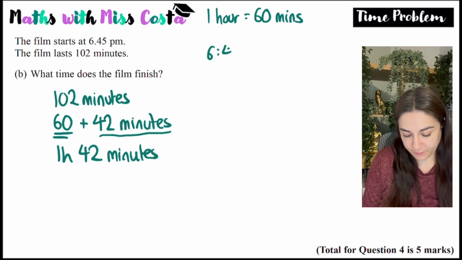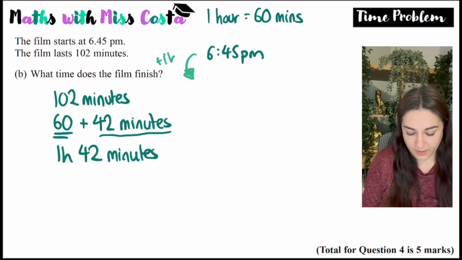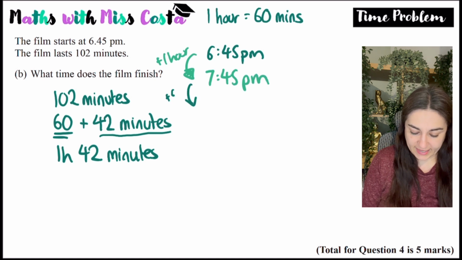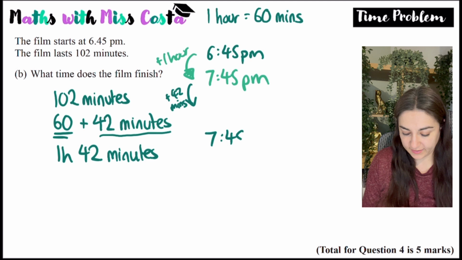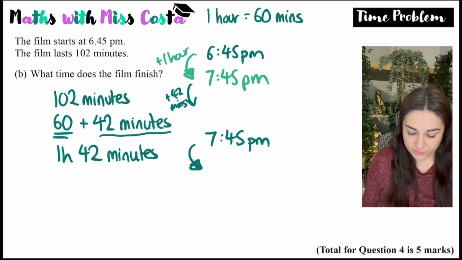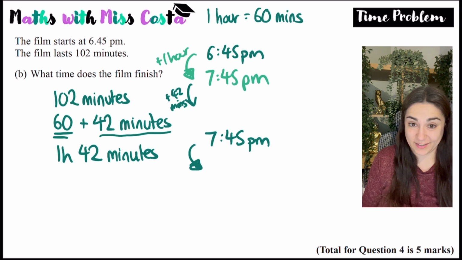It starts at 6:45 p.m. So if I add on 1 hour, that takes me to 7:45 p.m. And then what I need to do is add on 42 minutes. Now there's 60 minutes in an hour, so I have to do this carefully, bit by bit. So from 7:45, let's try it over here, from 7:45 I need to add on 42 minutes, but I'm going to do it bit by bit because it gets a little bit tricky.